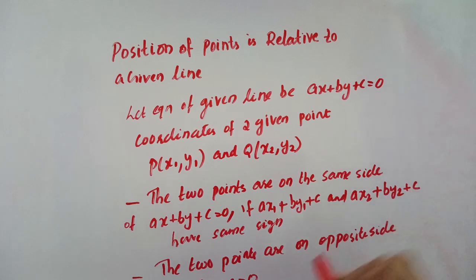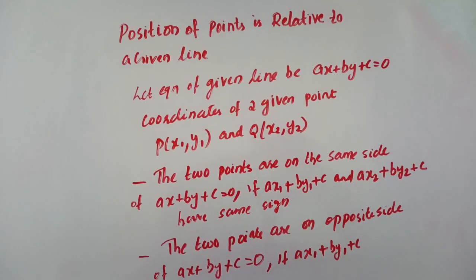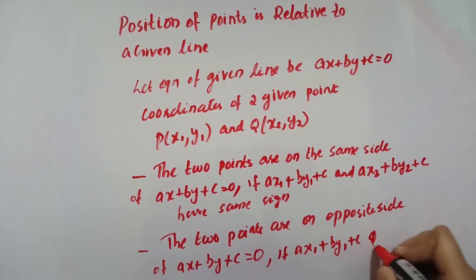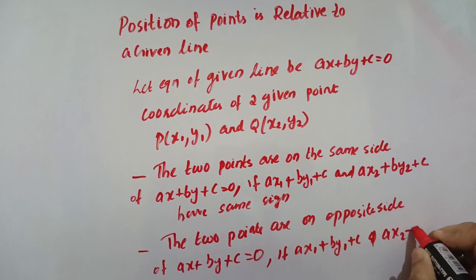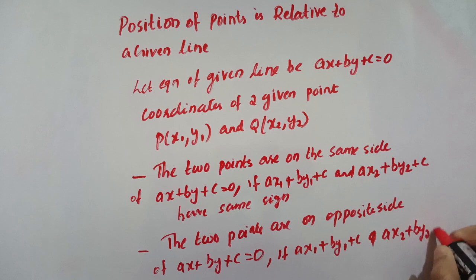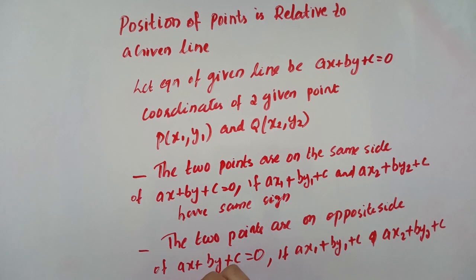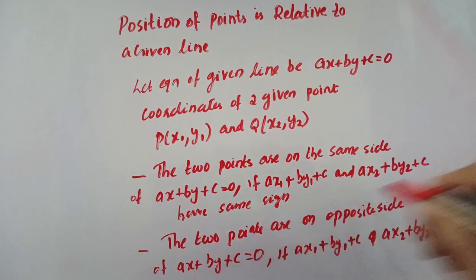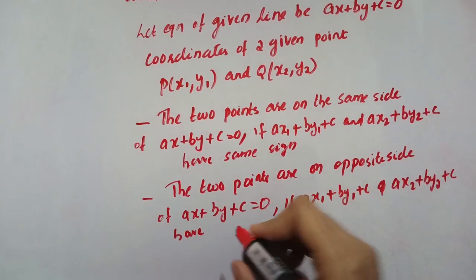Next, the two points are on opposite sides of ax plus by plus c equal to 0 if ax1 plus by1 plus c and ax2 plus by2 plus c have opposite sign.